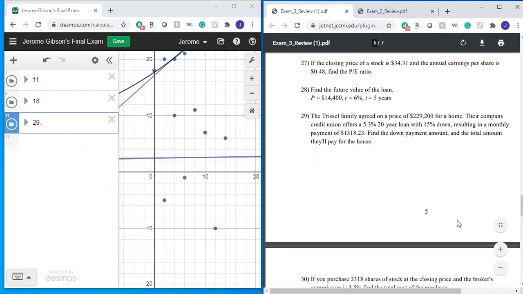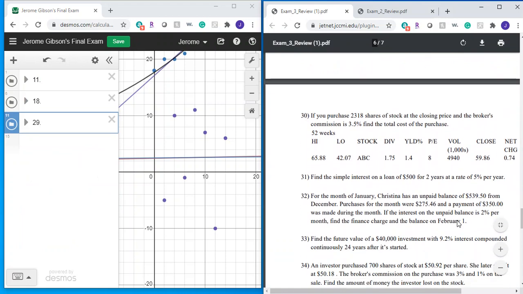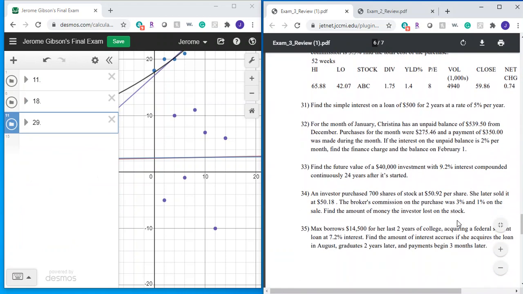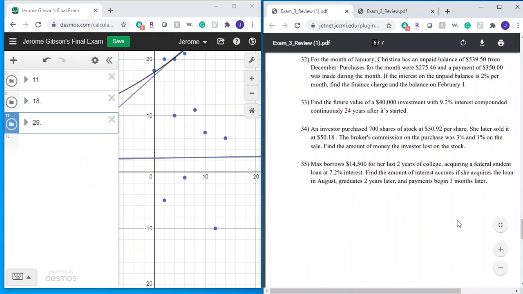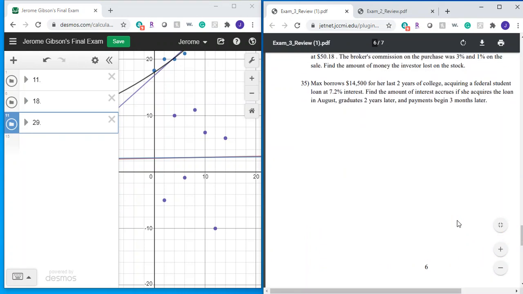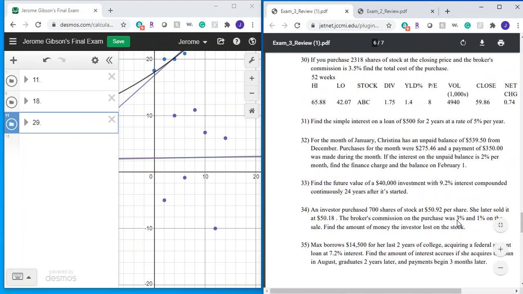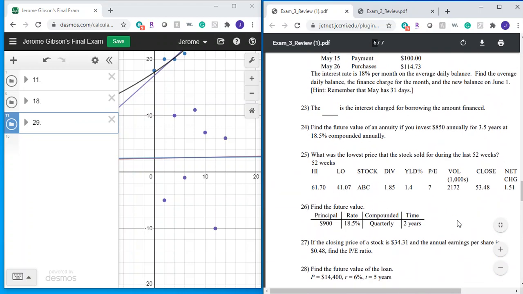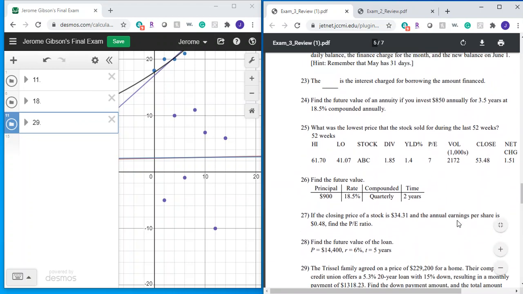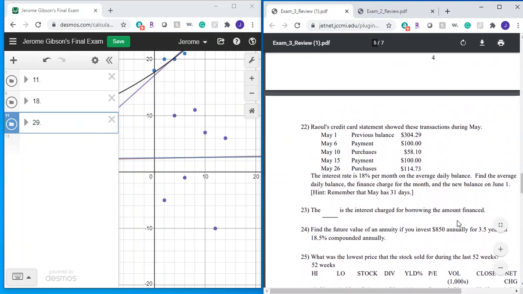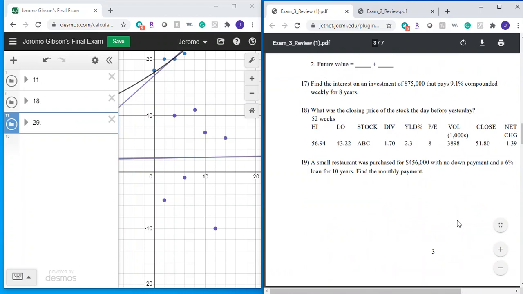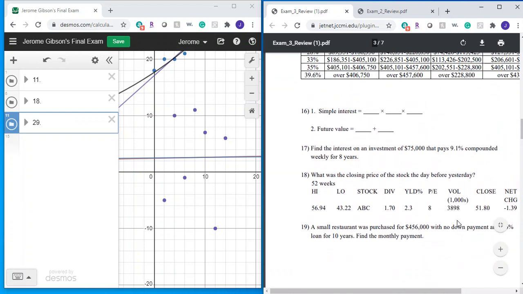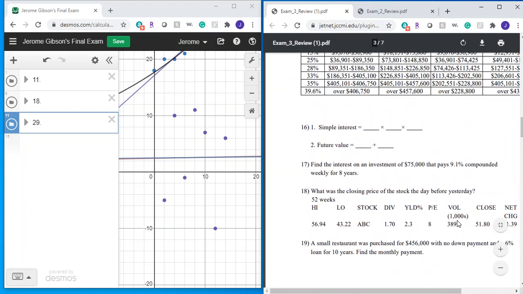Now, I think there's maybe one more problem that I would want to do. Let me go back up here. Now, on your final, you would not go out of order, but I may have to go out of order here in order to get a good problem for us to do for this last problem.